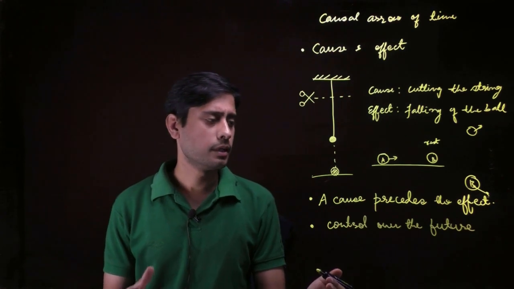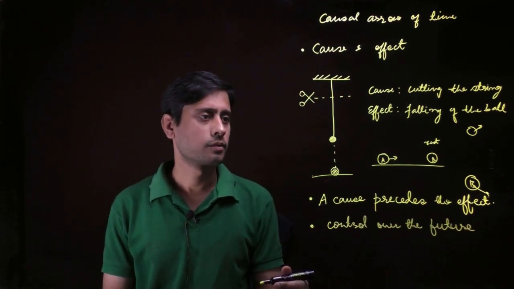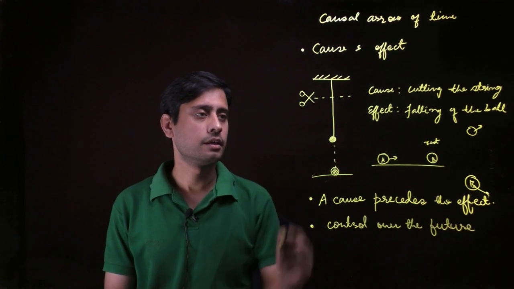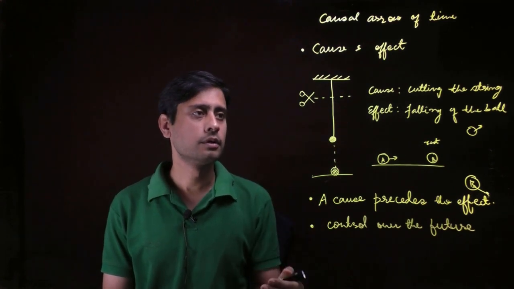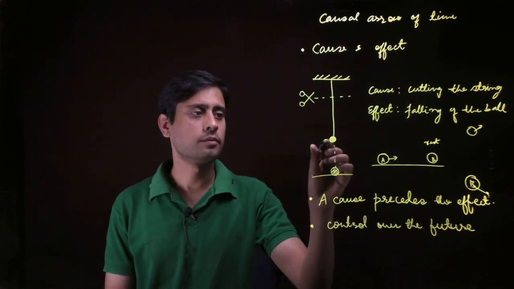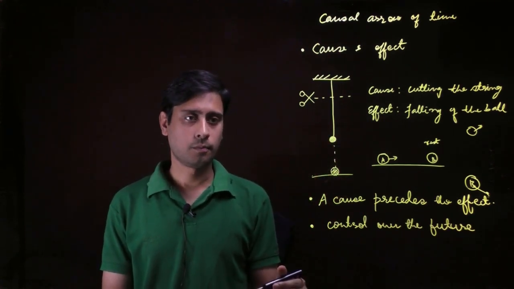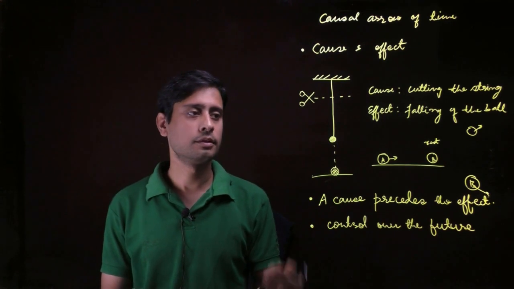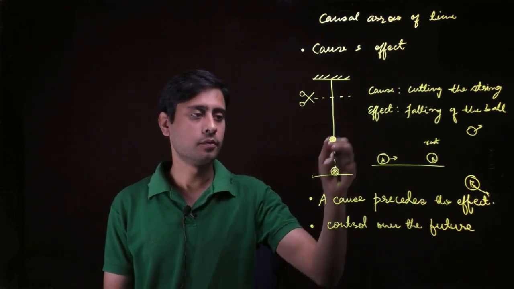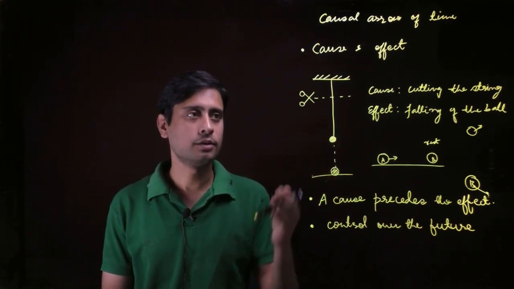This you can understand by this simple experiment in which we are cutting the thread. If we had not cut the thread, then this ball wouldn't have fallen down. So if we want that in future this ball has to fall, then we will decide to cut.